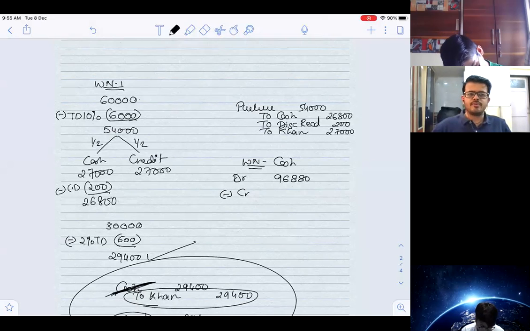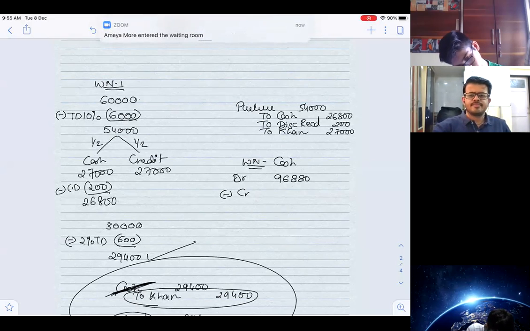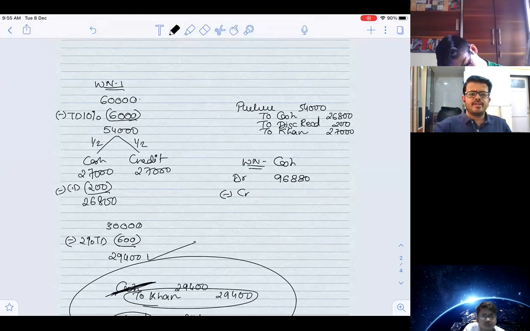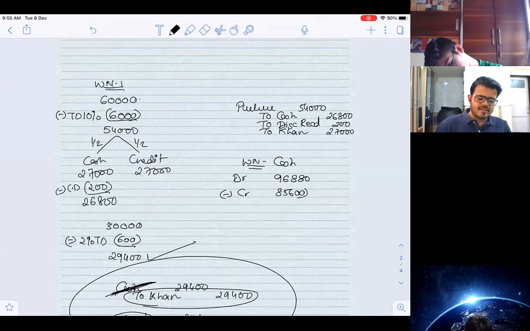What is the credit total of cash? Calculate. 85,600. Check. 85,600 is the credit total of cash. Debit total is 96,880. Credit total is 85,600.